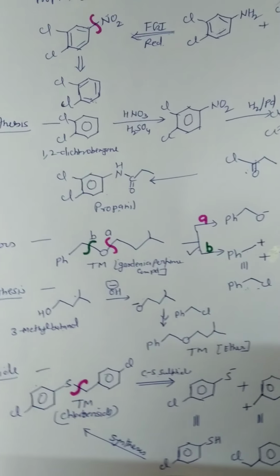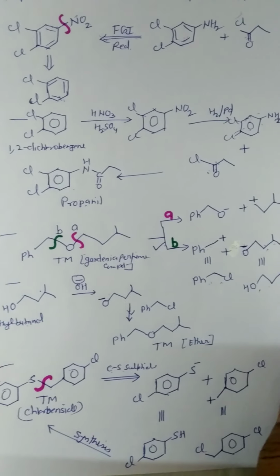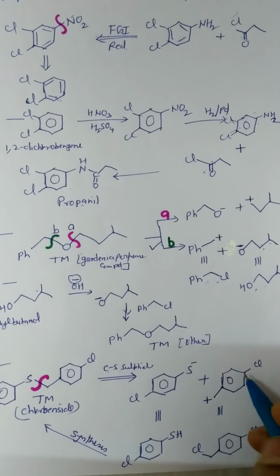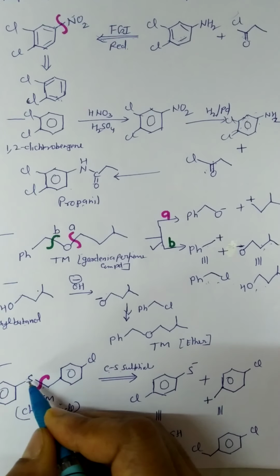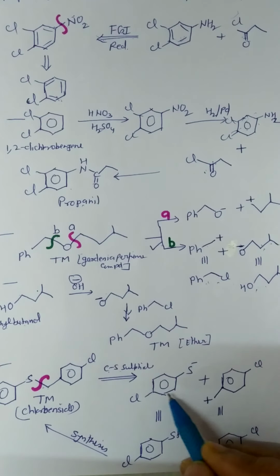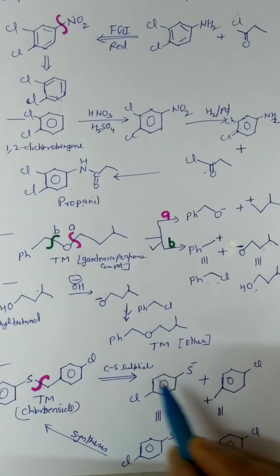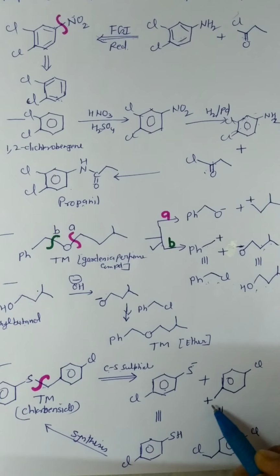Then on disconnection, two fragments, this and this, are obtained. These are synthons. Sulfur is the heteroatom and sulfur is more electronegative than carbon. Therefore, this synthon gets a negative charge, and carbon is less electronegative than sulfur, therefore a positive charge is created here.